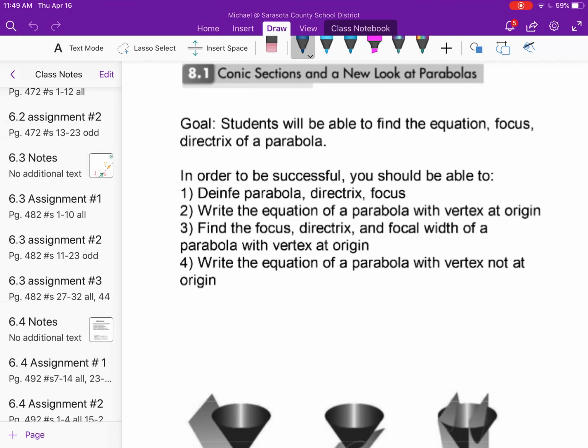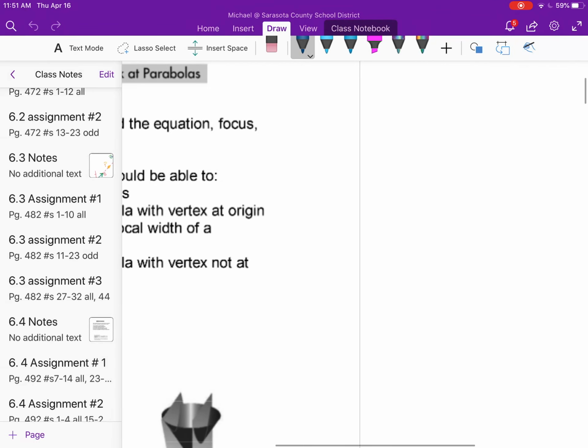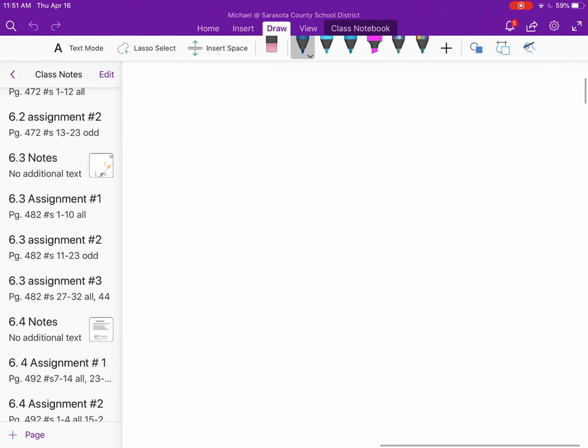So we're going to step back, talk about a couple of terms that were referred to back in your Algebra 2 class, and then we're going to start diving into how to pinpoint some of these terms and put it into conic form instead of quadratic form, like what we are used to.